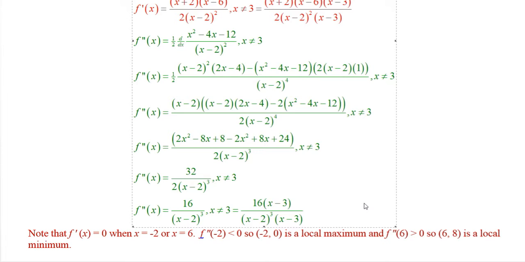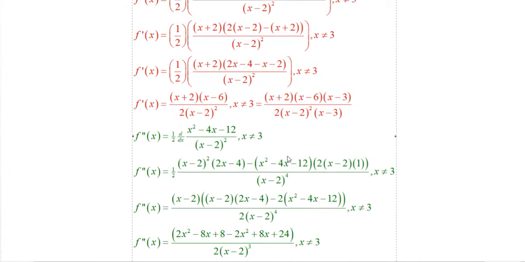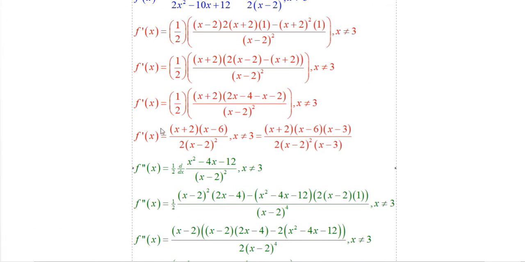Alright, now that we have these formulas, let's look at them and see what they tell us about the original function. In particular, we're interested when the derivative is equal to 0. Well, as usual, you see that the derivative is undefined when x equals 3.